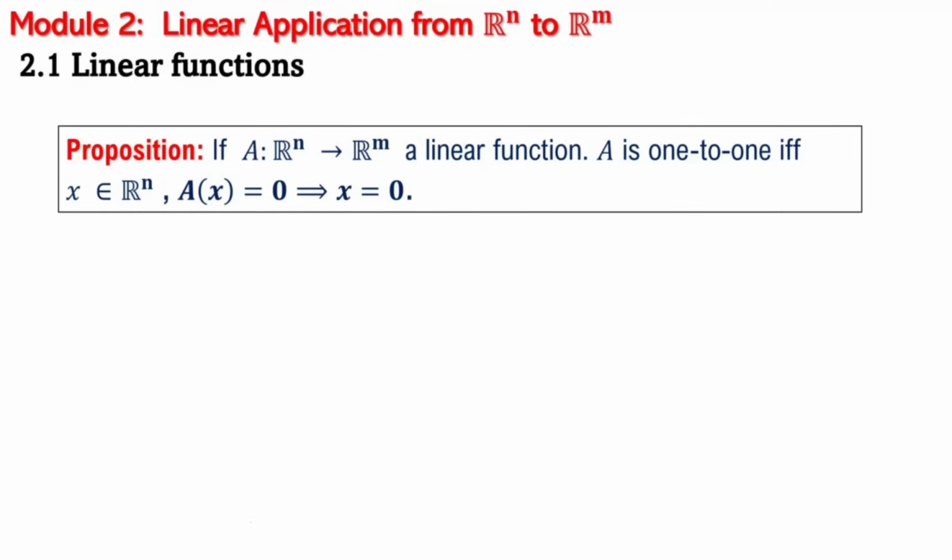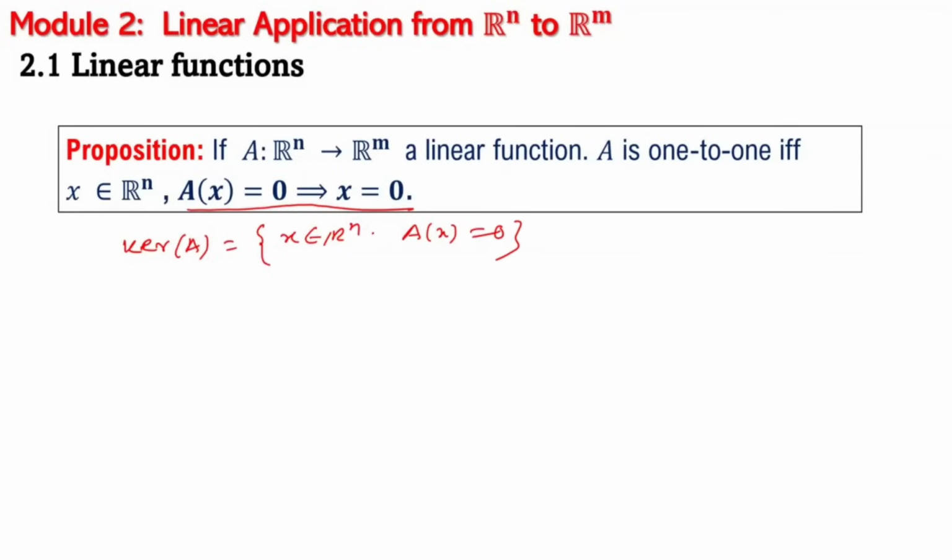Okay, now in this proposition we have: if A is a linear function from R^n to R^m, then A is one-to-one if and only if Ax equals 0 implies x equals 0. Now just recall the kernel. What is the kernel of A? You have to get all the x belonging to R^n such that Ax equals 0.